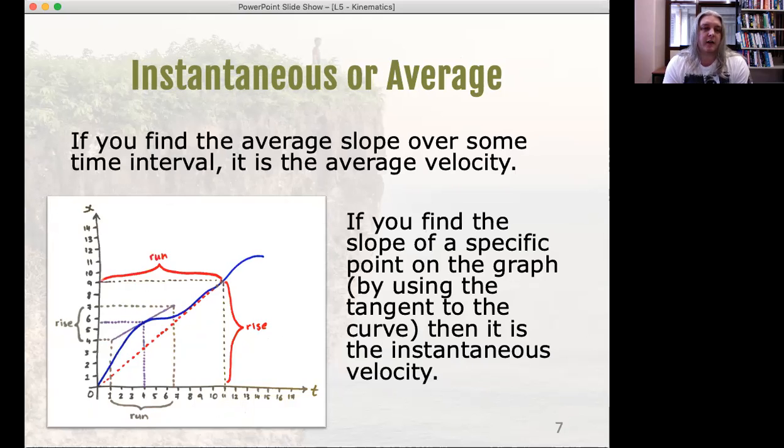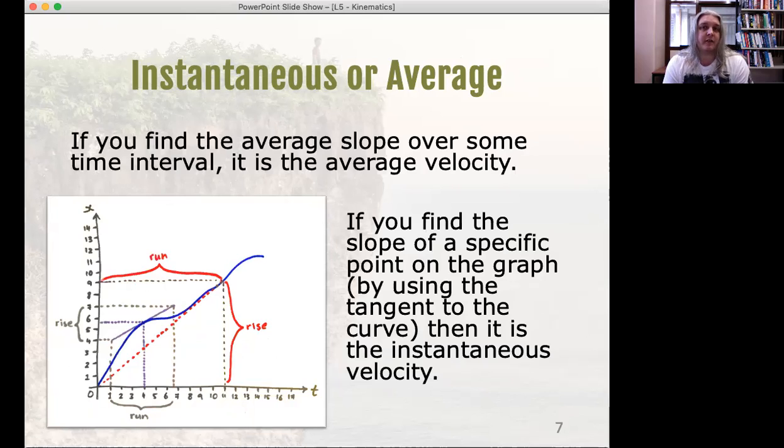But if it is changing, like the blue line shown on this graph, which you can see is curvy, that means the instantaneous velocity is constantly changing, and that means the average velocity will be different than what the instantaneous velocity is anywhere. Or it may match at some specific point, but in general. If you want to know that instantaneous velocity, then what you do is you draw a tangent to the curve.